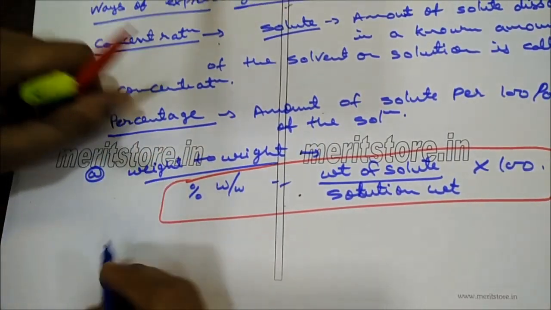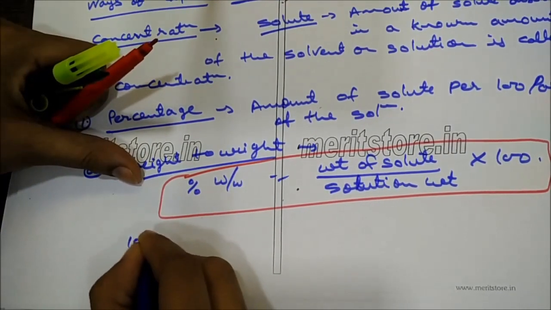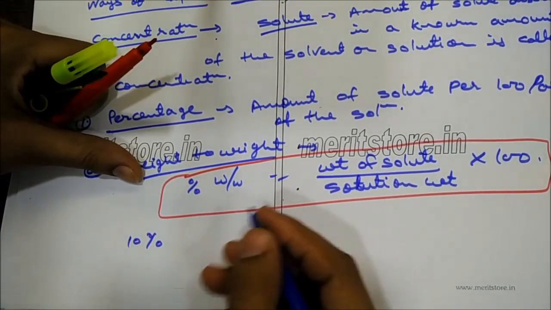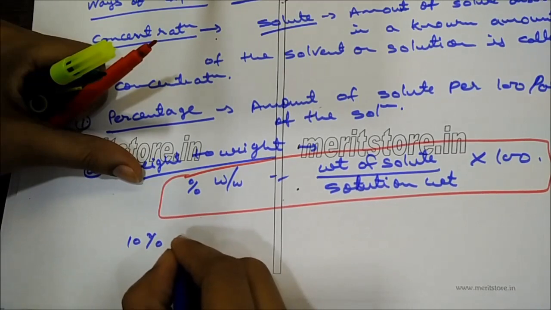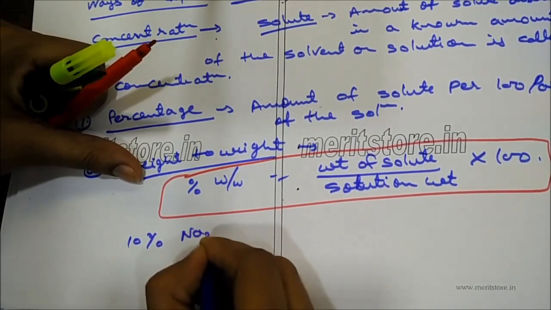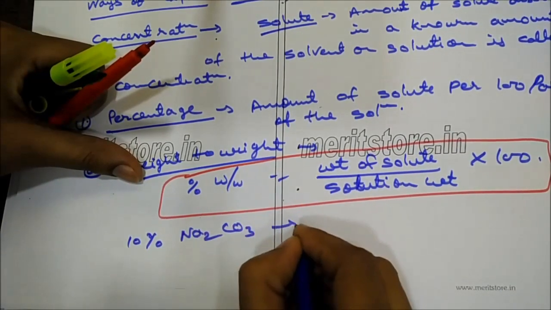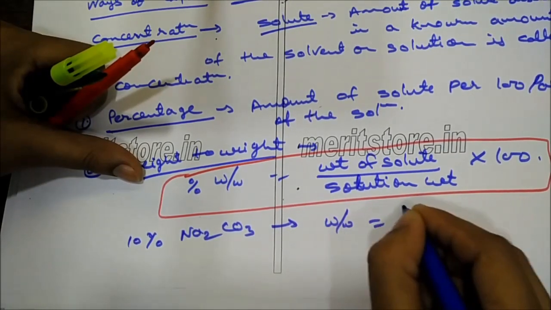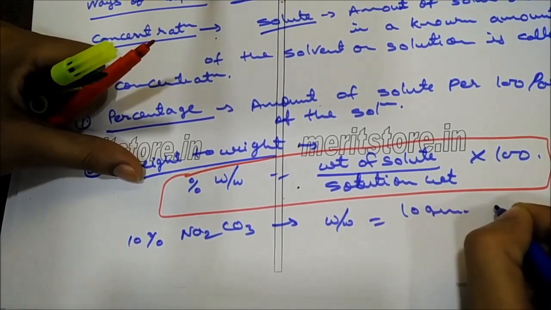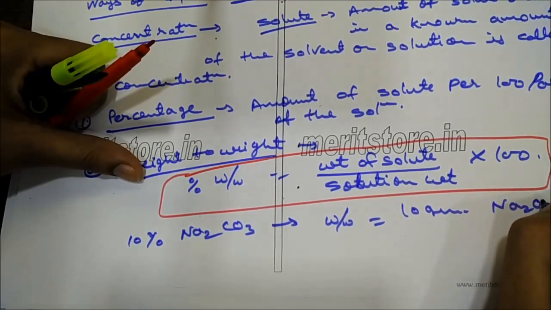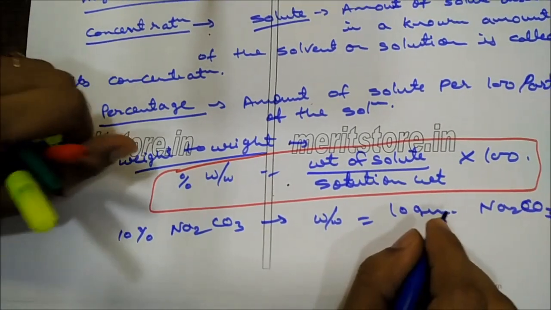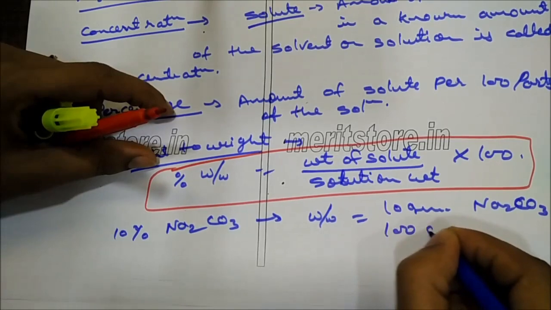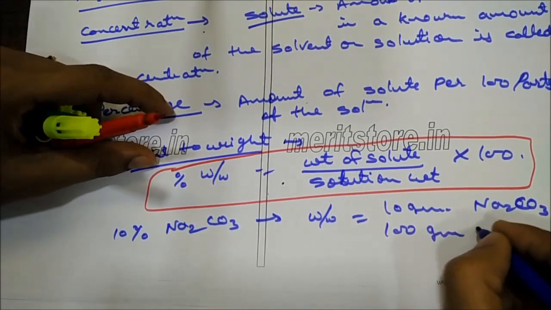If we are taking 10% of any solution, such as 10% of sodium carbonate, W by W will mean 10 gram of Na2CO3 is dissolved in 100 gram of solution.